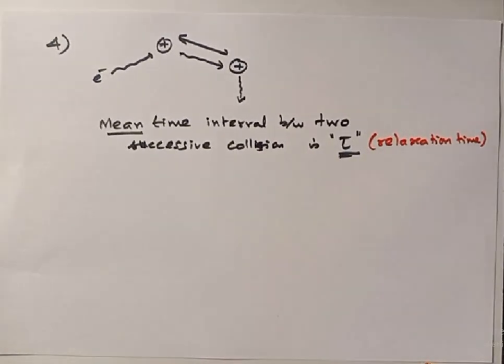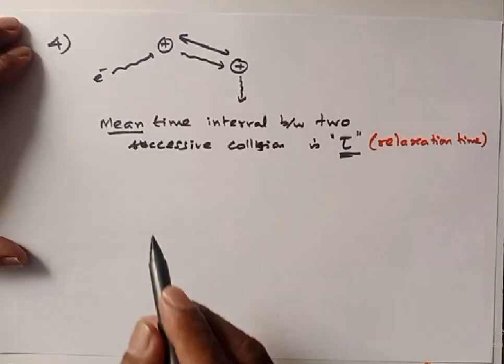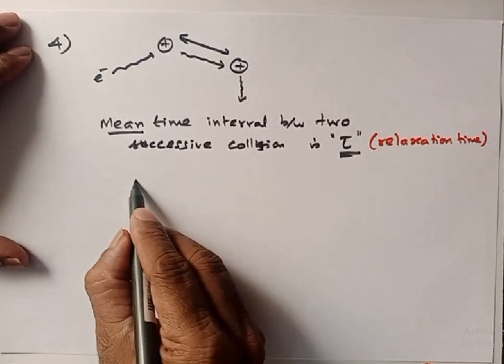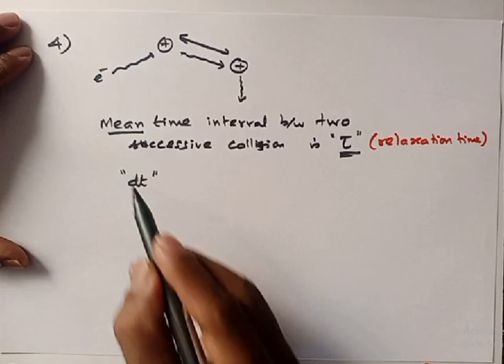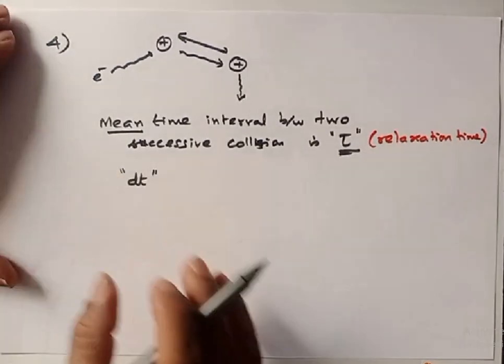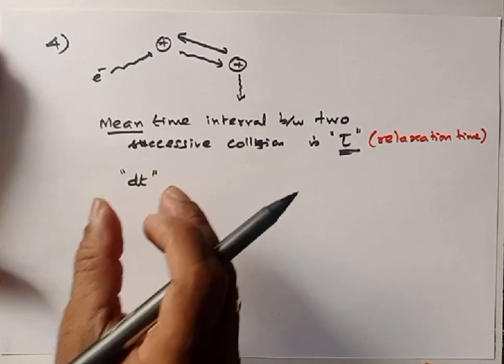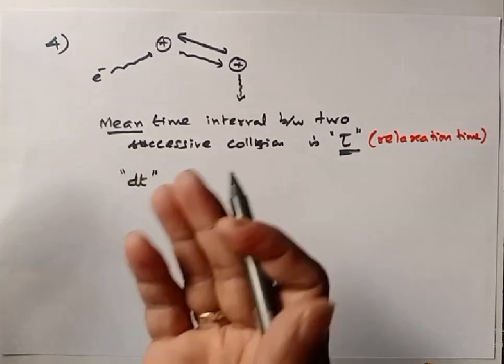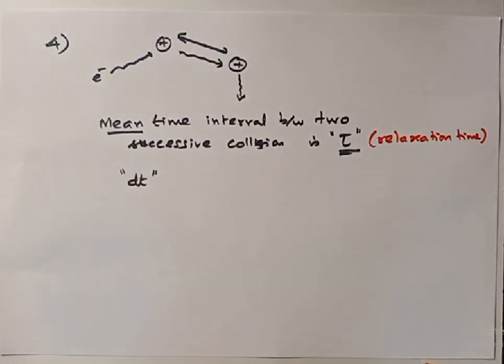Now, suppose an electron is moving in a time interval dt. In this time interval, what is the probability that the electron can undergo collision?